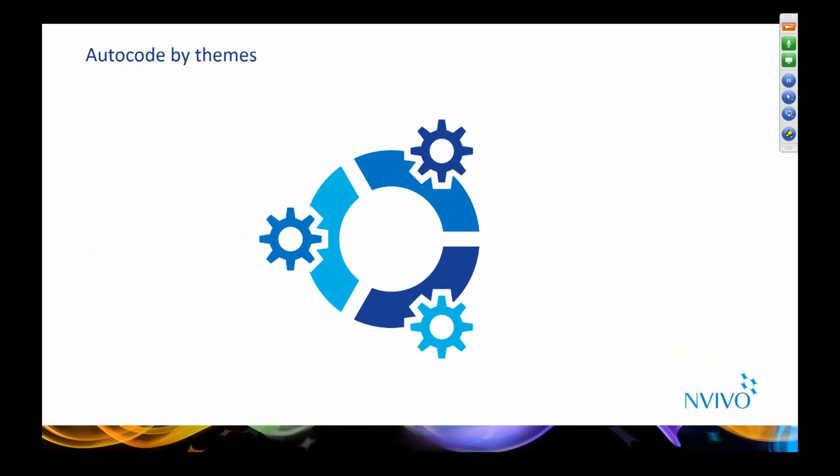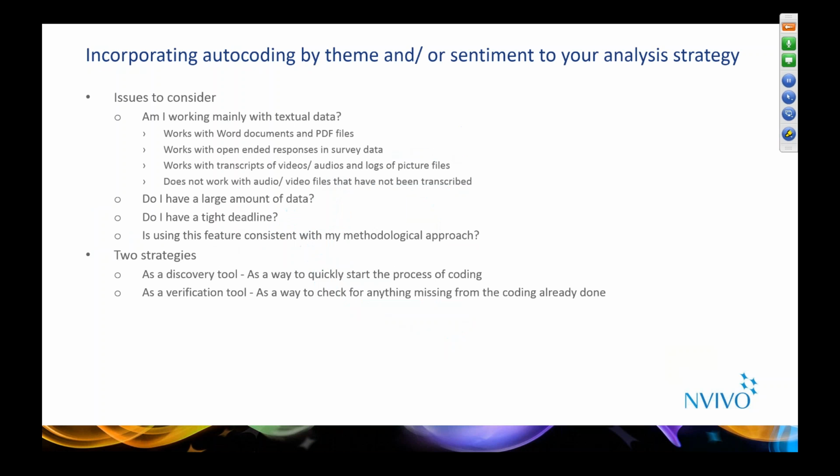So let's start with autocoding by themes. If you want to incorporate this into your analysis strategy, there are certain things you need to think about. Are you working mainly with textual data? Because obviously this just works with text.